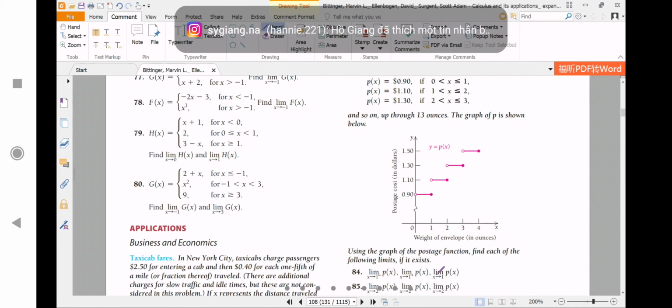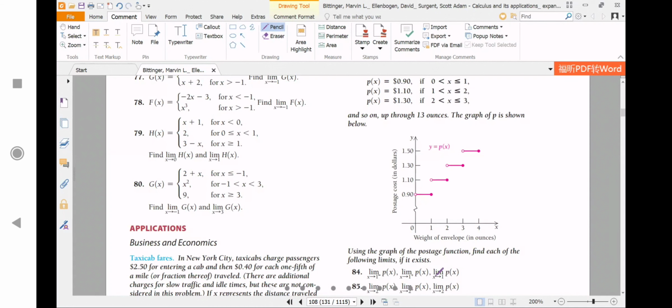And so what about the two-sided limit of p(x) at 1? What can you say about this limit? Does not exist.